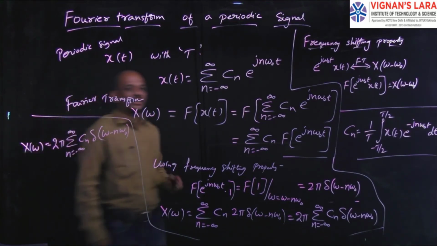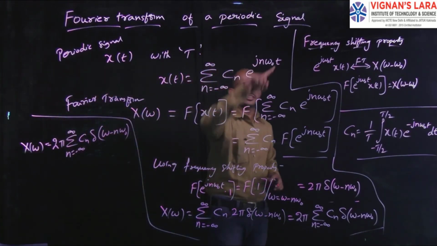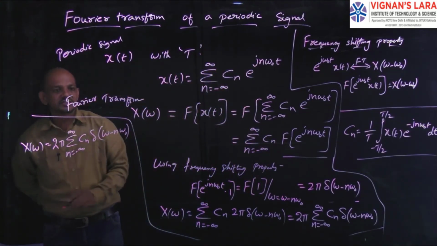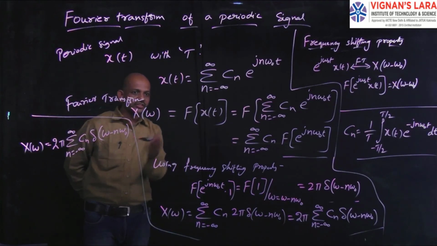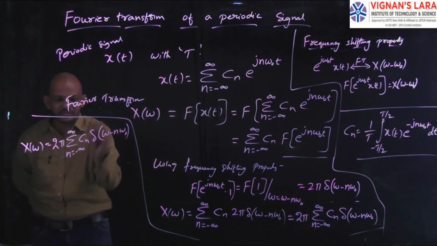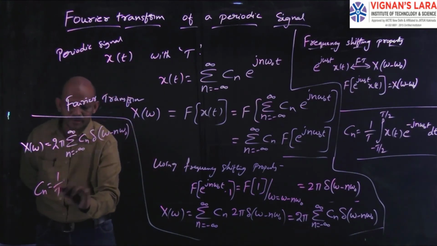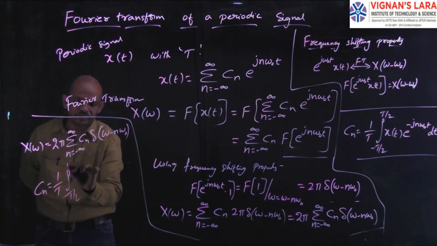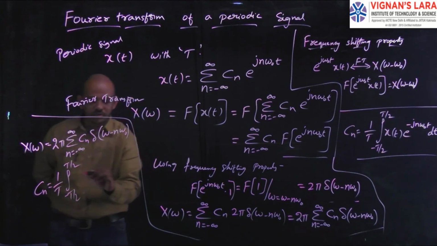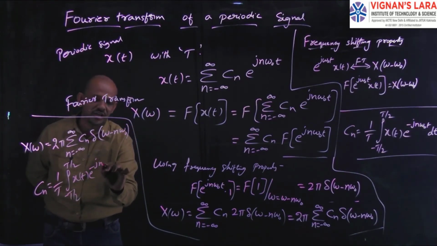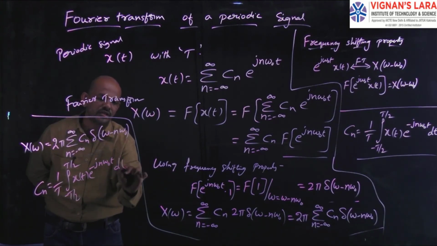So this is the Fourier transform representation of a periodic signal. In this, Cn is nothing but the Fourier coefficients with respect to x of t, and the value of that Cn is equal to 1 by T integral minus T by 2 to plus T by 2 x of t e power minus j n omega naught t dt.